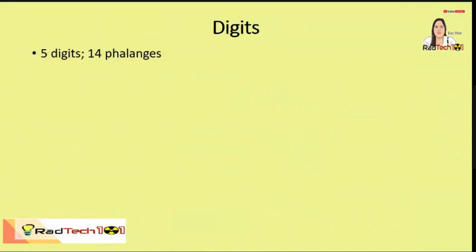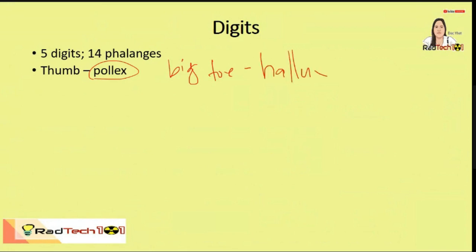So the five digits have 14 phalanges, and the other name for thumb is pollex. For the big toe, which we will be discussing in the next discussion on lower extremities, the big toe is referred to as the hallux. The thumb, medical term is pollex.